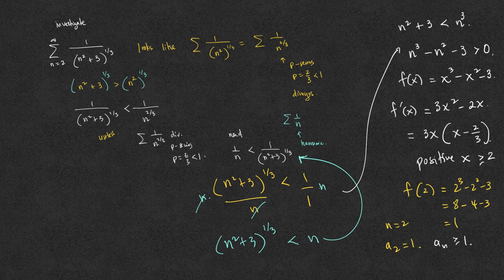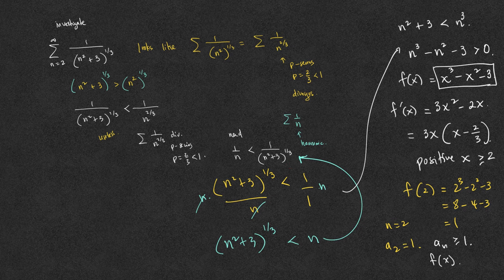But remember that a sub n in the continuous function is f of x. What we just showed here is that f of x will always be positive, or n cubed minus n squared minus 3 is positive, which means n squared plus 3 is less than n cubed, which means the cube root of n squared plus 3 is less than n, and therefore 1 over n is less than 1 over n squared plus 3 raised to the 1/3 power.